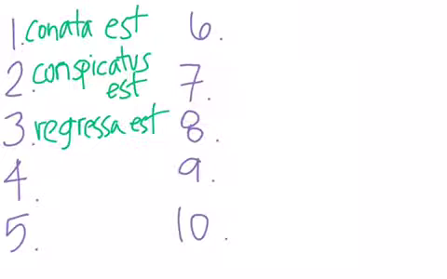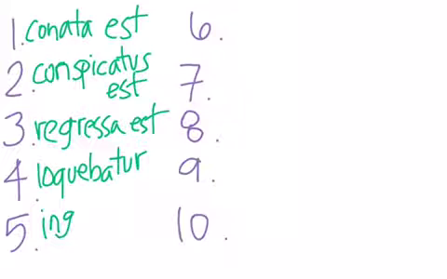Number 4 should be loquebatur. Okay, number 5 should be ingressus est.